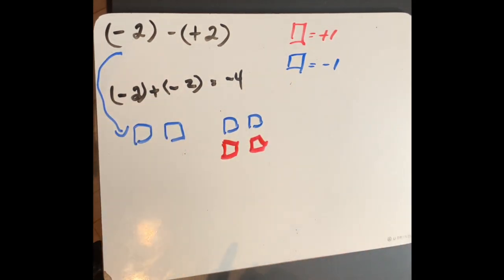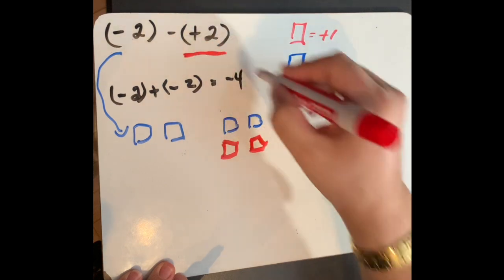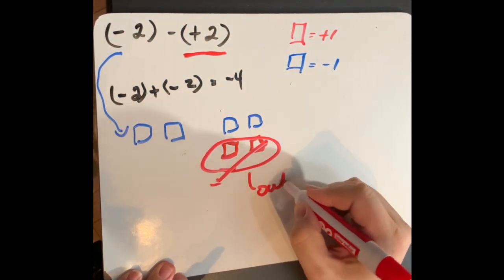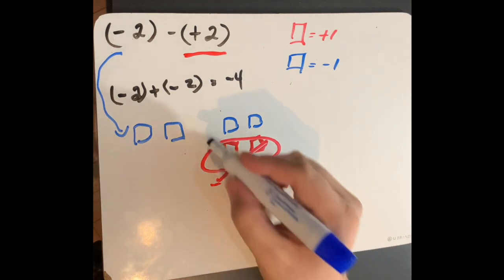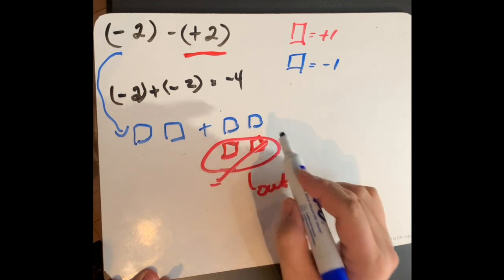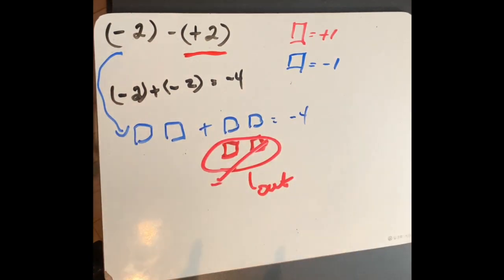There's my 2 0 pairs. I will take my 2 positives away. They go out, they go away, and I'm left with an addition question. -2 plus -2, which is equal to -4. I'm hoping that that makes more sense.